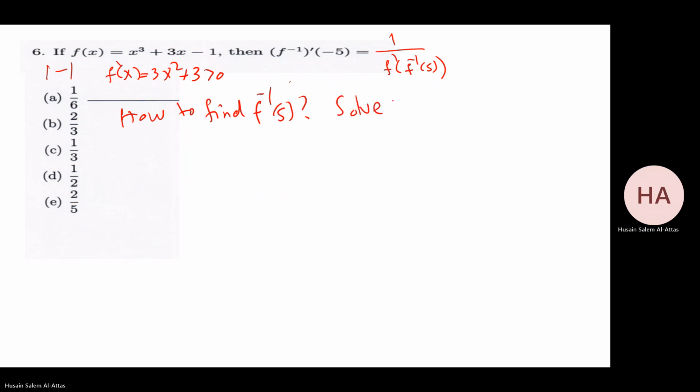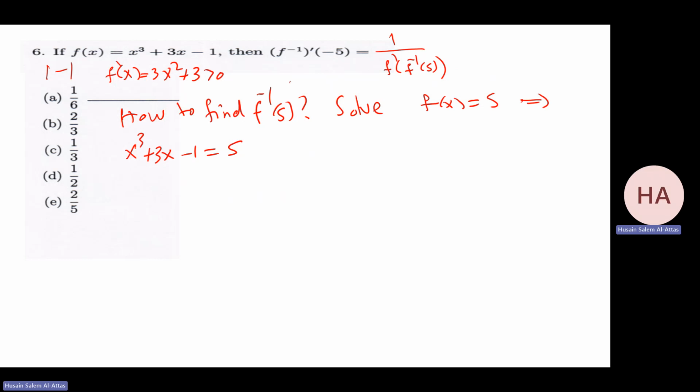Solve this, which is f of x equal 5. Just make it solve f of x equal 5, which is x cubed plus 3x minus 1 equals 5. Be careful here. We cannot solve it.